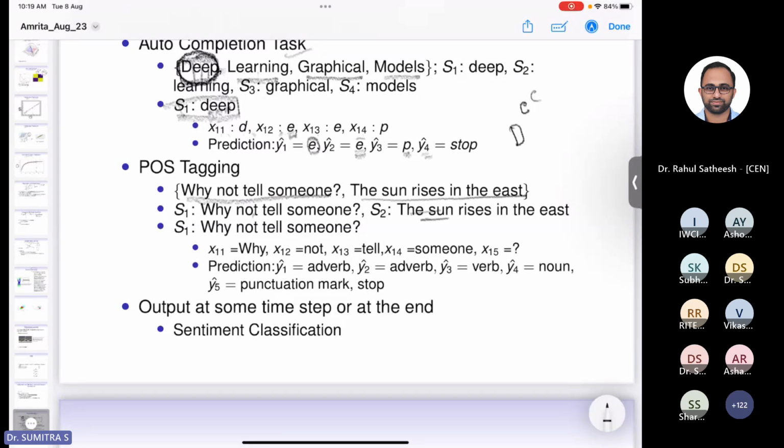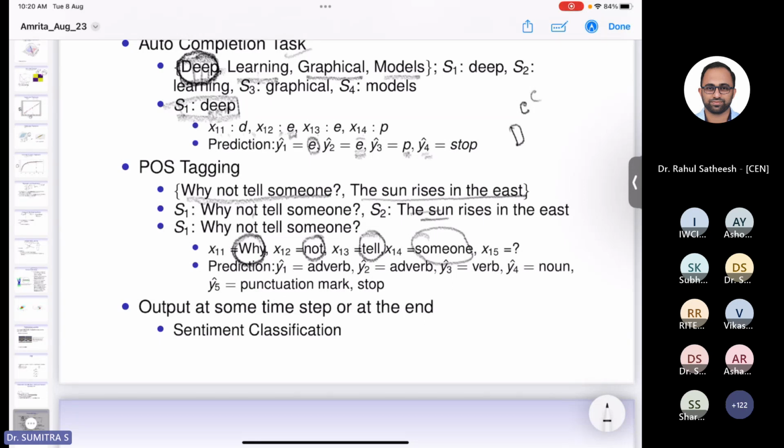Here it is different. Here each subsequence is a word. The first subsequence is Y, the second subsequence is not, the third subsequence is tell, and the fourth subsequence is X1. And actually, which is noun and which is verb, it depends.